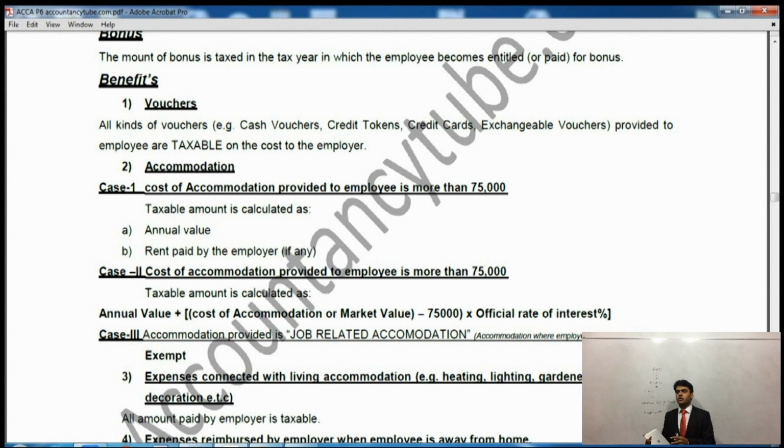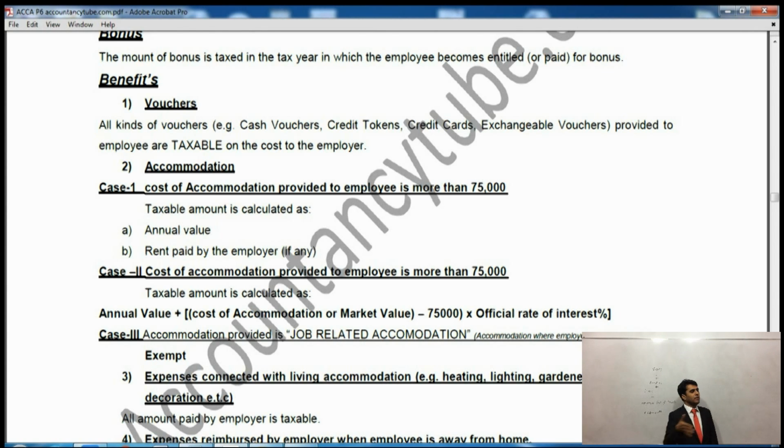So if accommodation provided by employer to employee is job related, it is required by the job. In this case of the security guard, if it is required by the job, then it will be an exempt benefit, whatever the amount of accommodation is.